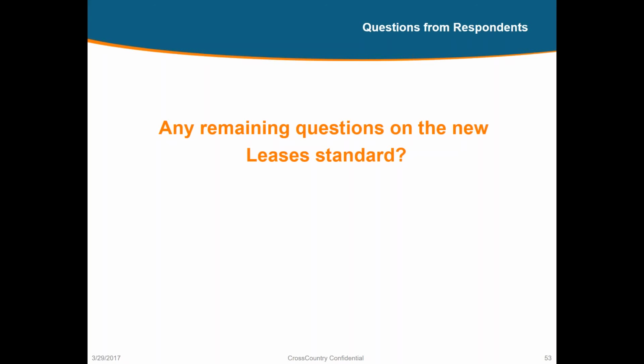Under 842, collectibility is only relevant for the classification of a lease as a direct finance lease, no longer relevant to the sales-type lease classification. However, for a sales-type lease, you still need to consider collectibility when you're measuring the asset, because of the connection with the impairment guidance.